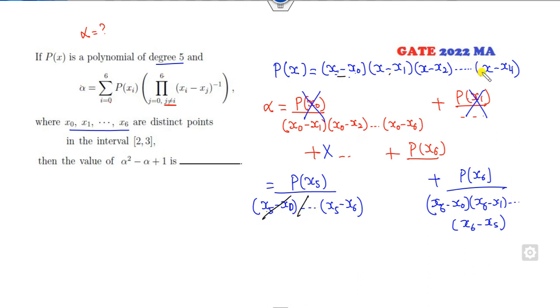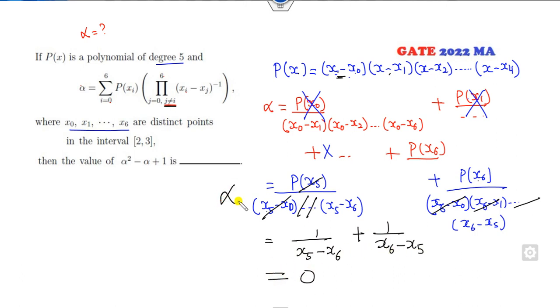This also cancels, up to x5 minus x4. Because i is not equal to j, the only term pending here is 1 over this. And from this side, x6 minus x0 cancels, up to x4 cancels. The remaining term is x6 minus. So you can see that the answer of this is 0.